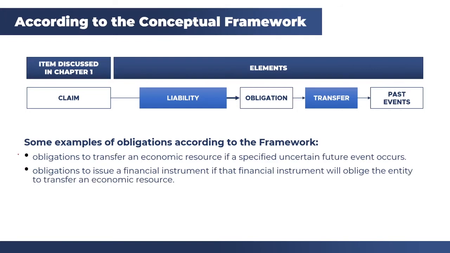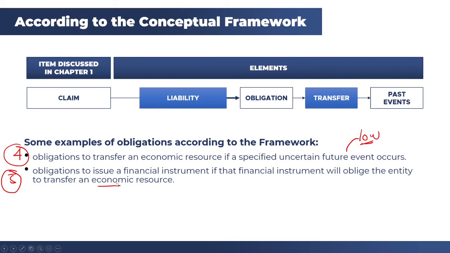Obligations to transfer an economic resource if a specified uncertain future event occurs. So as we can say, even if the probability is low, you have to recognize the liability. Obligations to issue a financial instrument if that financial instrument will oblige the entity to transfer an economic resource. All of these examples are enumerated under the conceptual framework. So if you're taking an exam, it's better to have them familiarized so that you will be ready for any questions.